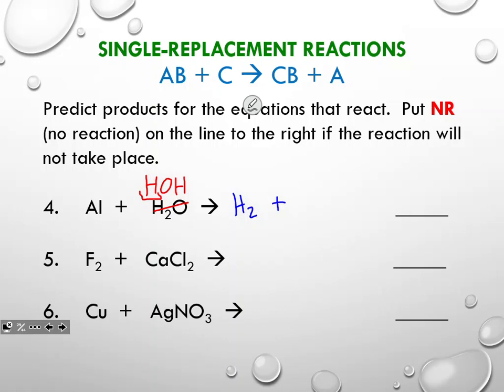So what is aluminum's charge when it forms a compound? +3, good. How about hydroxide? -1, right? So it's going to be a 3-to-1 ratio. So we have Al(OH)3, like so. Then the last thing we would want to do here is balance, right?